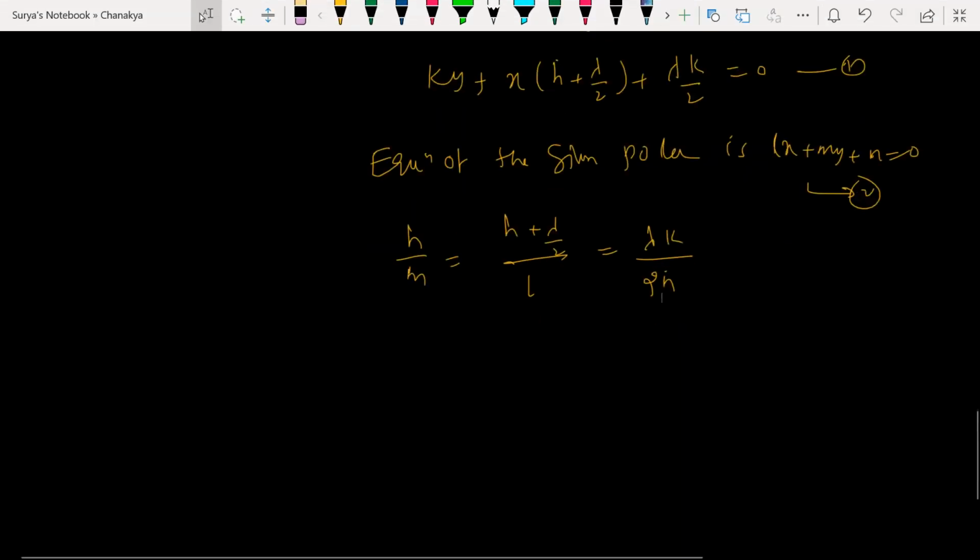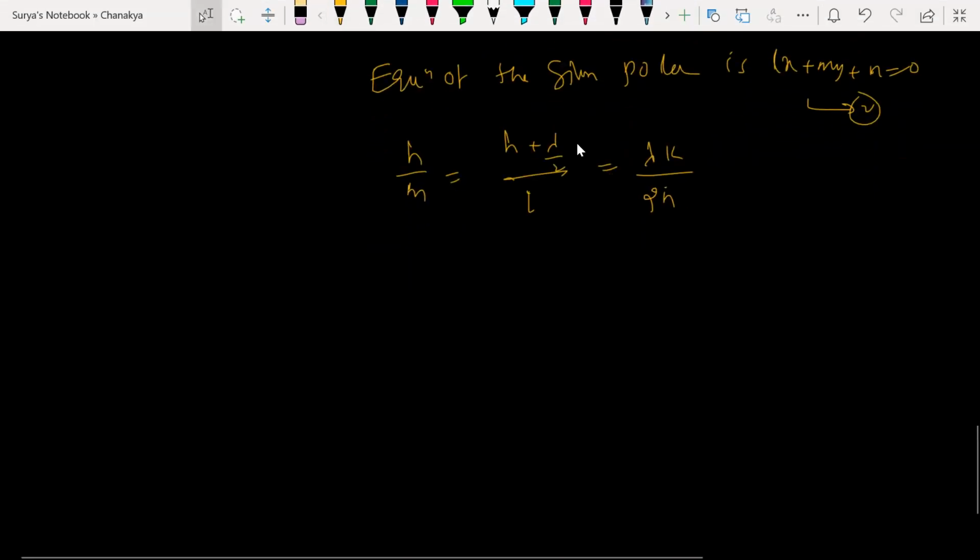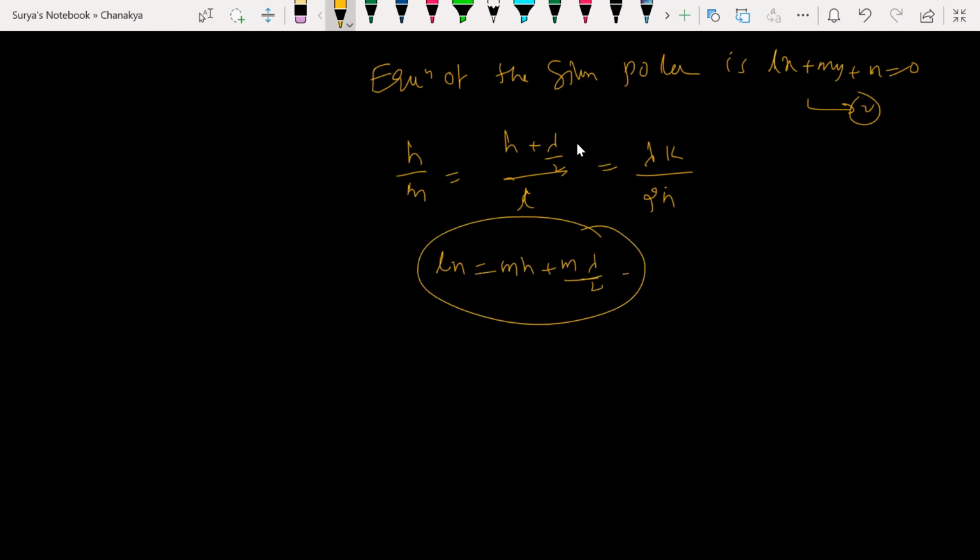Now look at this. Comparing, we get LH is equal to m of h plus m of lambda by 2. This is one relation I get here.